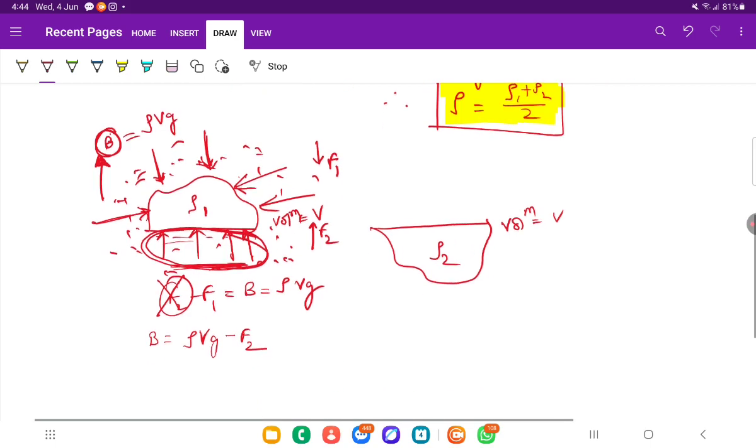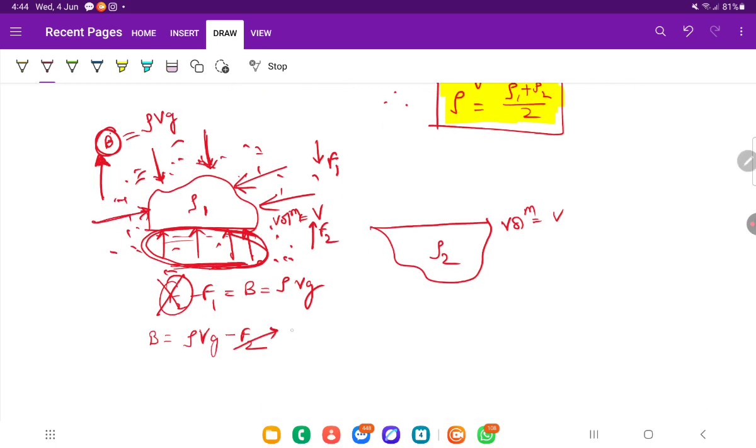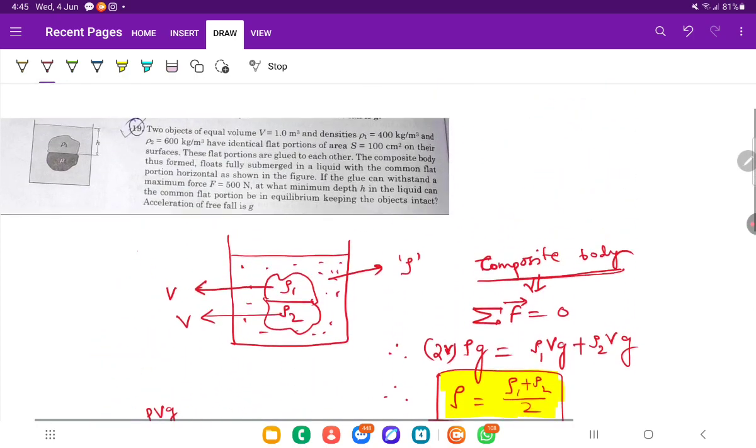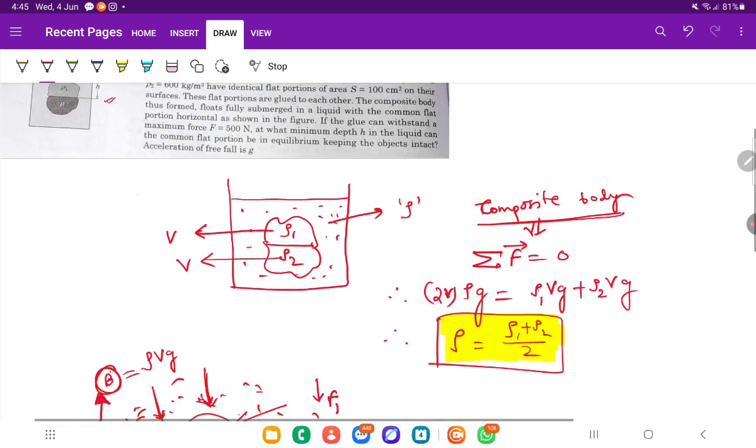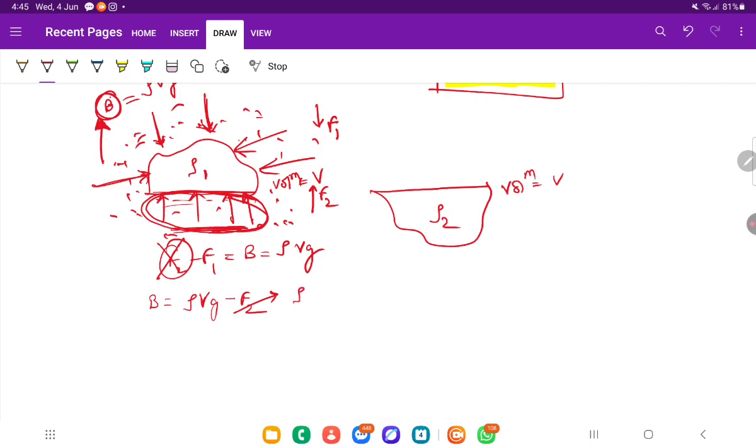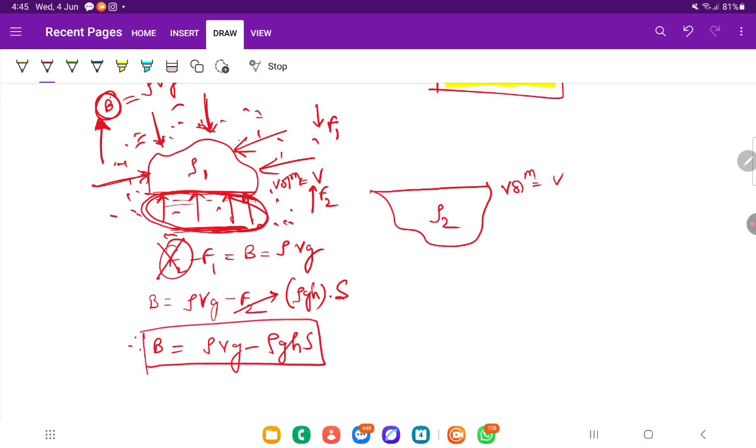So what is F2? Now, F2 is very simple. As it is a horizontal surface, we can write the pressure value at this level and multiply it with the surface area. So in the diagram we have given that this surface is at h depth. So here the pressure will be rho gh into surface area S. So the buoyancy force will be rho Vg minus rho gh into S for this body.